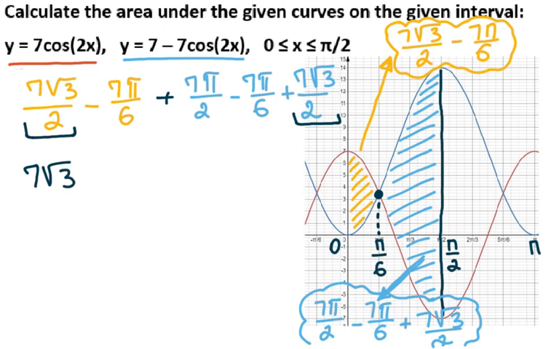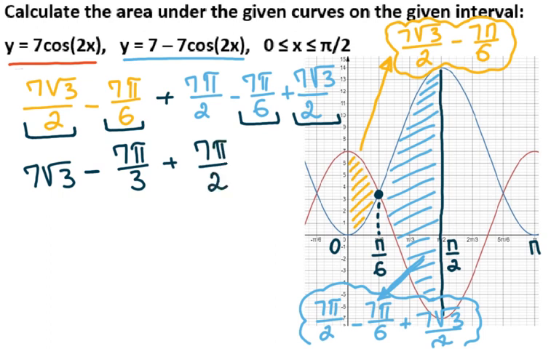And then I have 7 pi over 6 and 7 pi over 6, both negative, so I have 2 of them, and 14 pi over 6 will give me 7 pi over 3. And then I have 7 pi over 2.